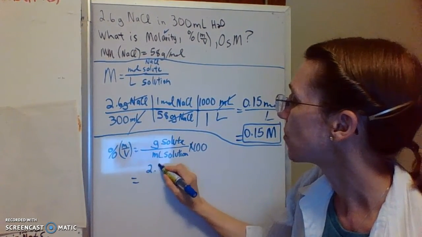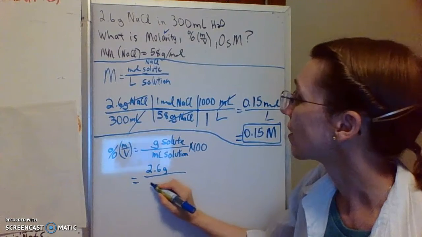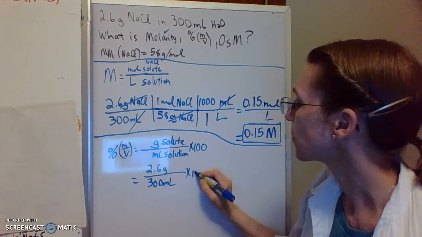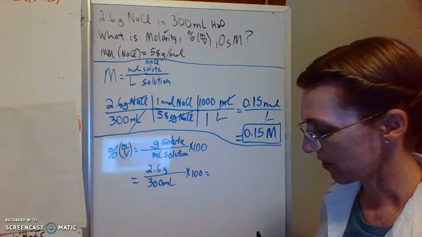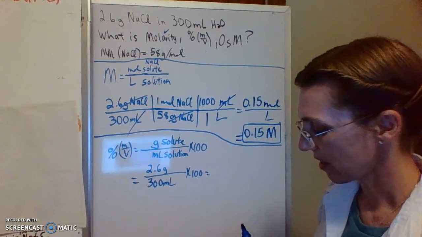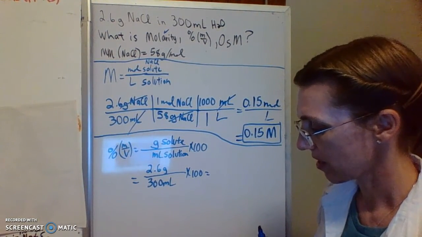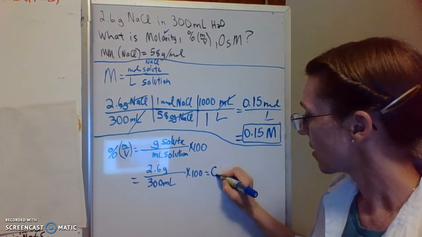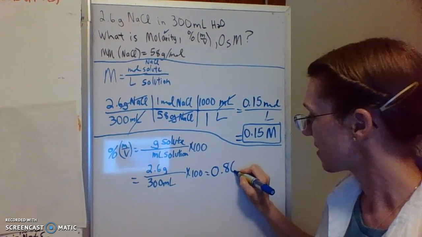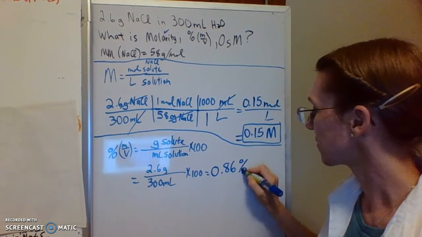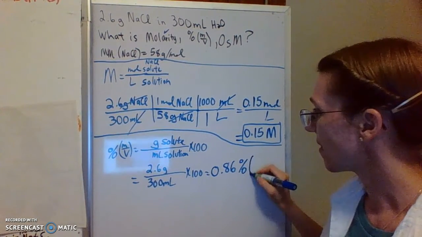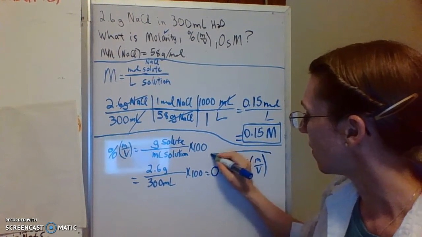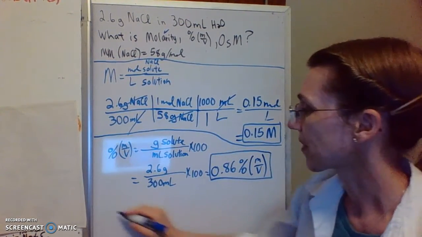Grams of solute is 2.6 grams. Our milliliters is 300 milliliters times 100. And that's going to give us 2.6 divided by 300 times 100 equals 0.86%. And that is mass to volume. Remember, we always want to specify which percentage we're talking about there.